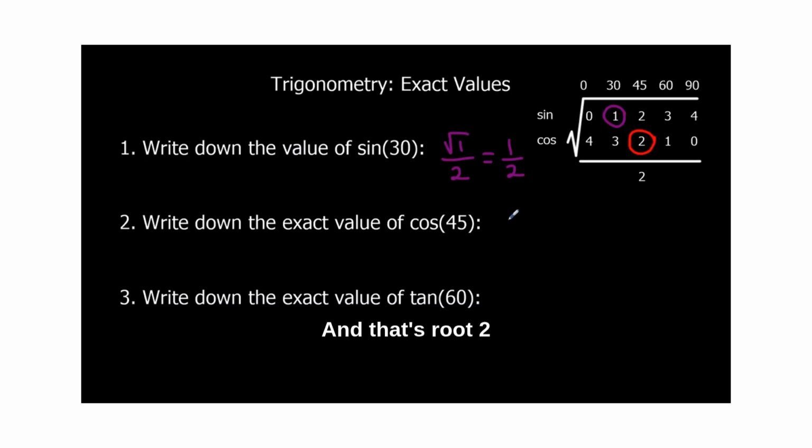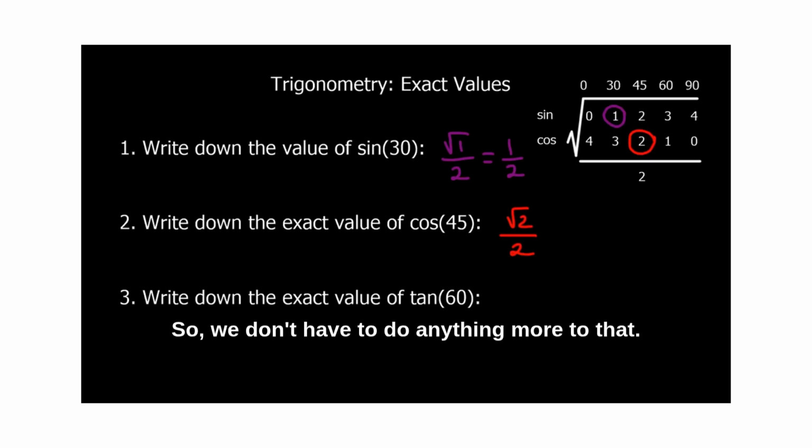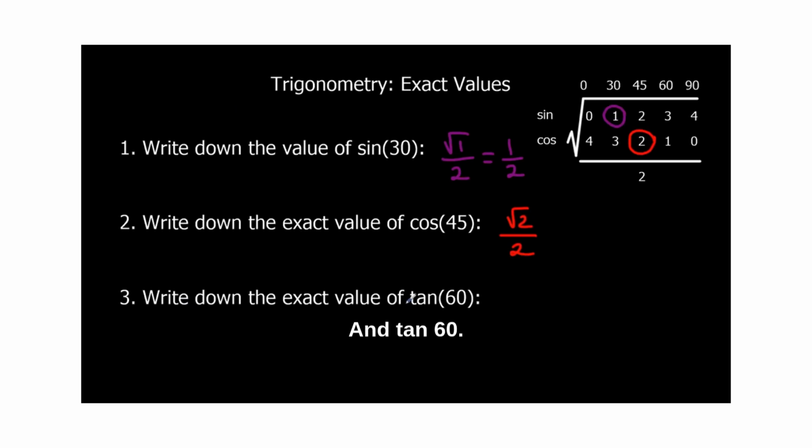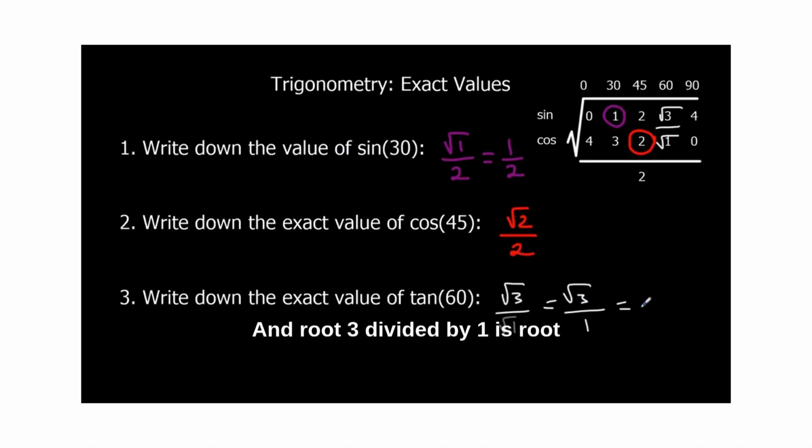And that's root 2 over 2. That's the simplest form. So we don't have to do anything more to that. And tan 60. Tan 60 is going to be root 3 over root 1. Root 1 is just 1. And root 3 divided by 1 is root 3.